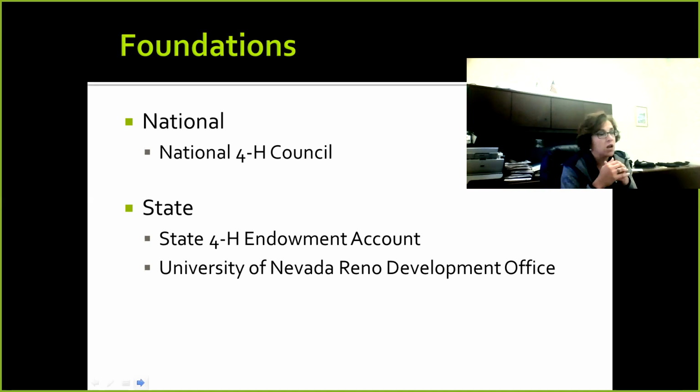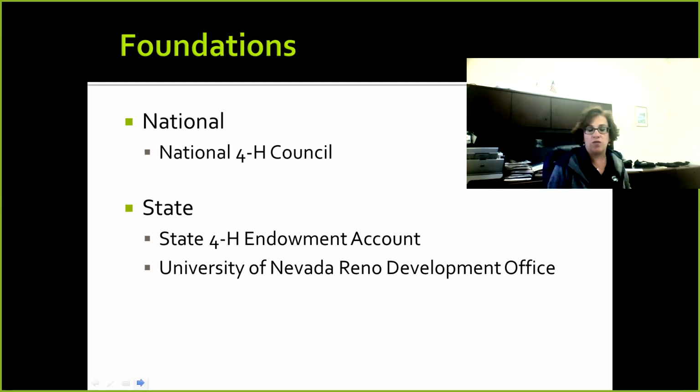one partner. Then at the state level, we don't currently within 4-H really have a good handle on fundraising or development. We do have a state endowment account where, if we get money that's donated to 4-H at the state level, it goes into our endowment account, and then we can use that for various programming.